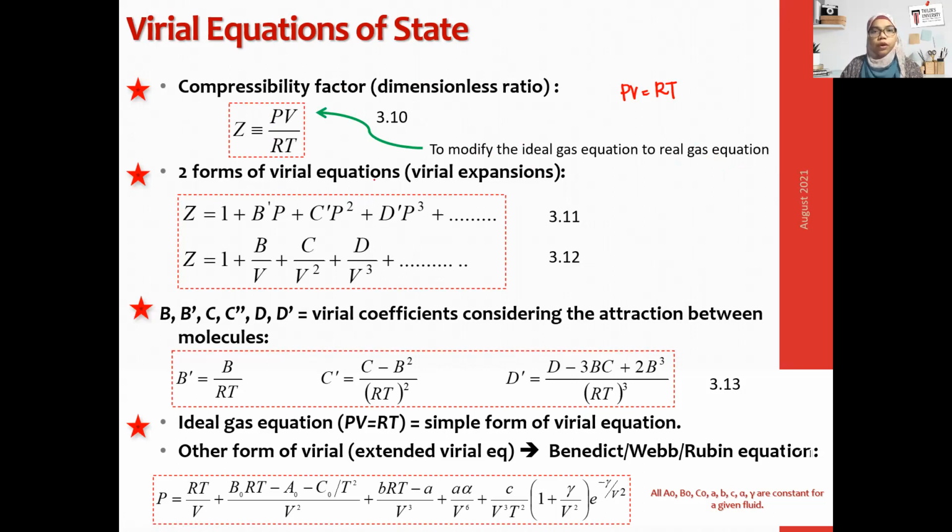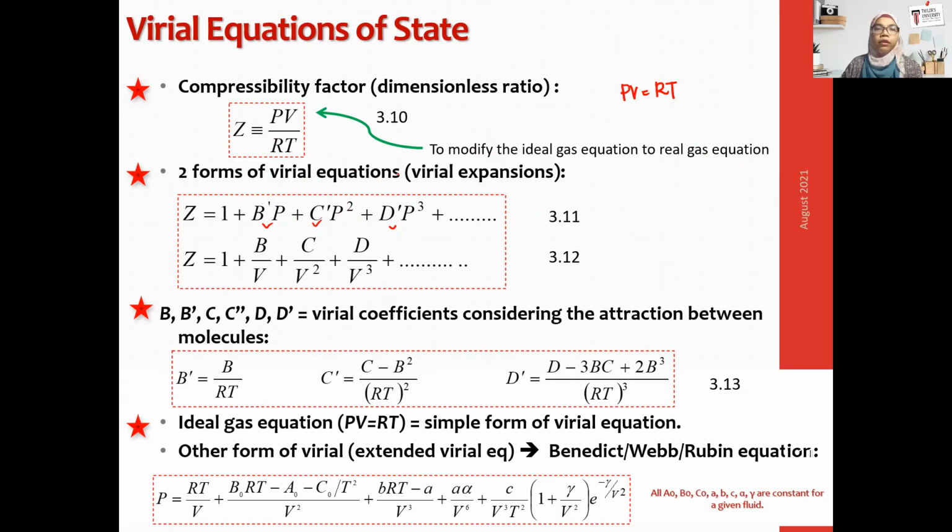Okay, there are two forms of virial equation. We have this, whether by using the prime here or B over V. Then we have B, C, and D, and so on, based on how many terms we can use.